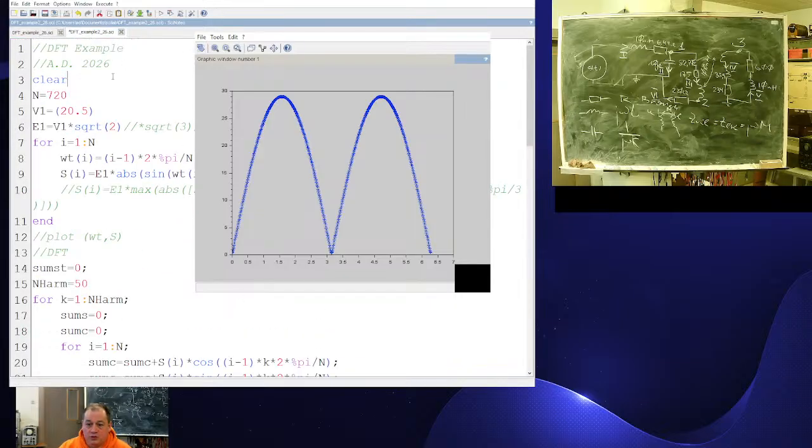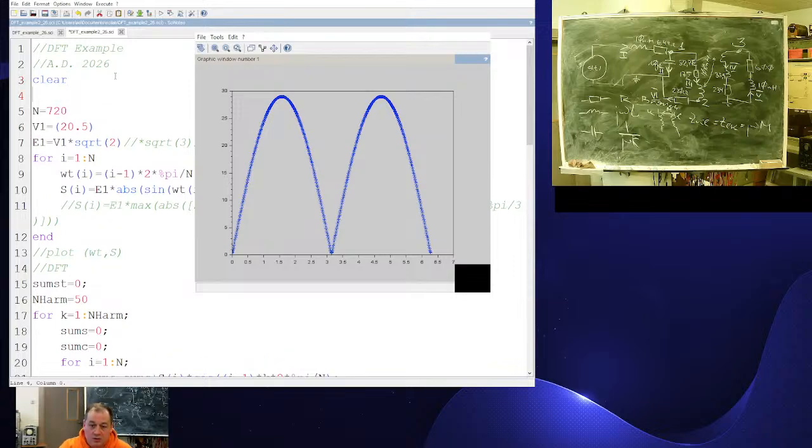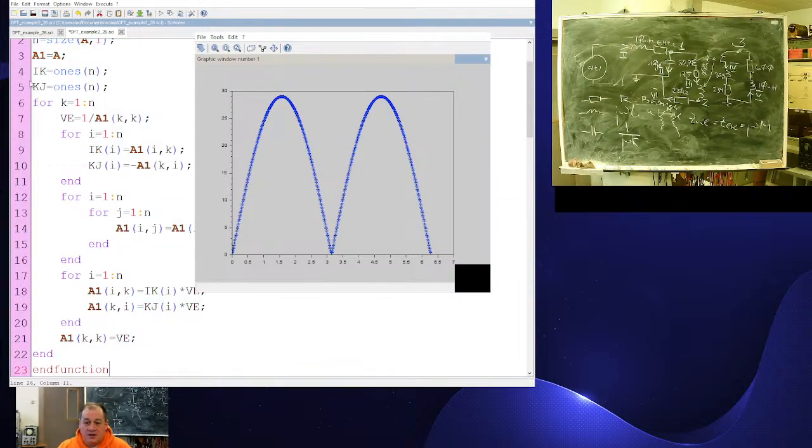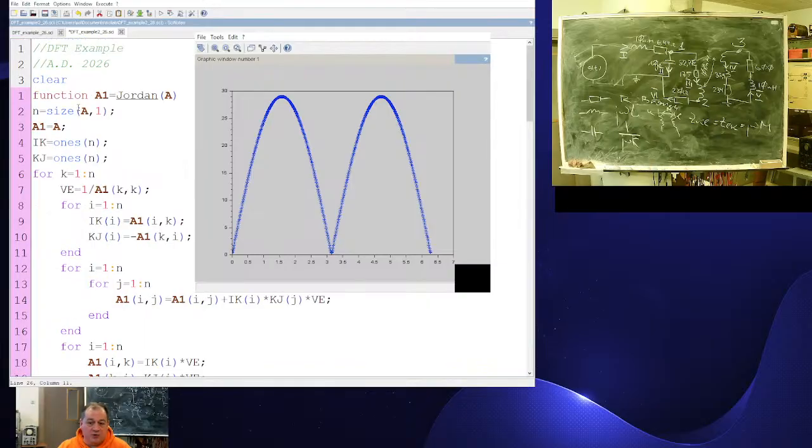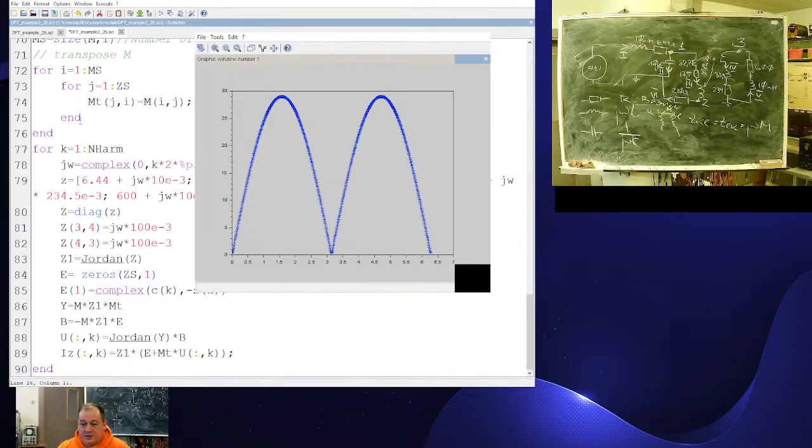I need to put it in my code. It's simple, performs matrix inversion. So here, boom. Fine, I will get inverse matrix.